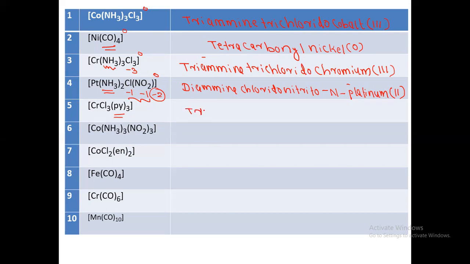So trichlorido, tripyridine, chromium. No charge from pyridine, only Cl3 has charge, so balanced by +3. So chromium 3. The remaining 5 you can practice.